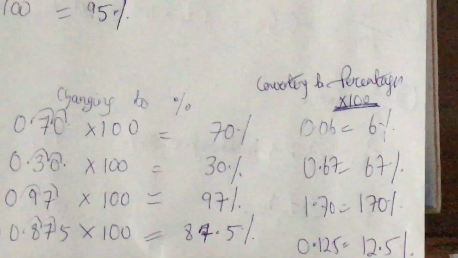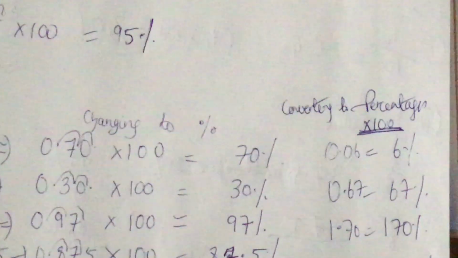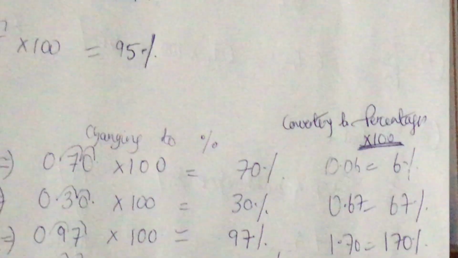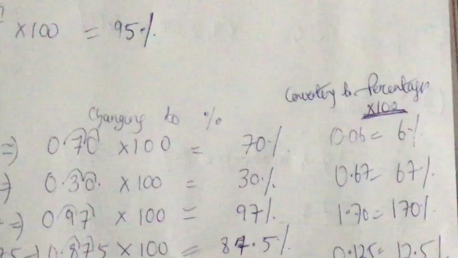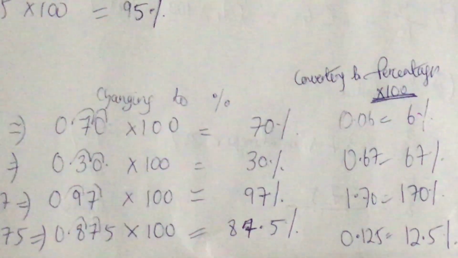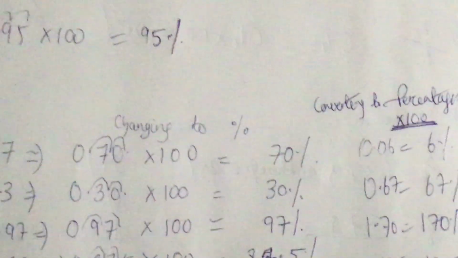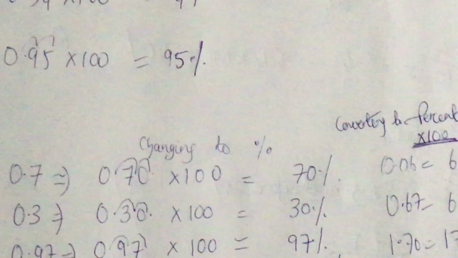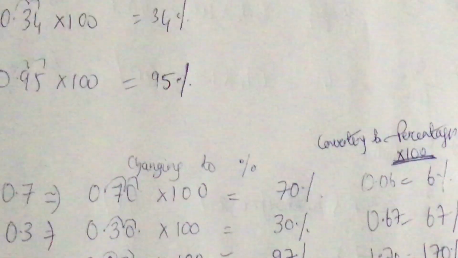Then over across, we have 0.06, so your answer is 6%, because you're multiplying by 100, which means you're moving your decimal point 2 places to the right. Now, that's not what's really happening. It's just the trick we use. Then 0.67 is 67%. And 1.70, if you move it 2 places to the right, you have 170%. And it has to be 170% because 1 is equal to 100 out of 100 in the 100 squares, which is 100%.